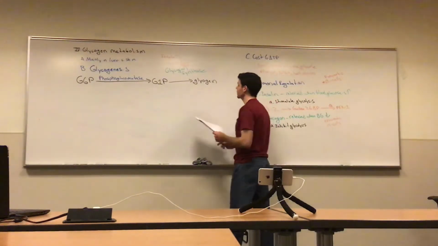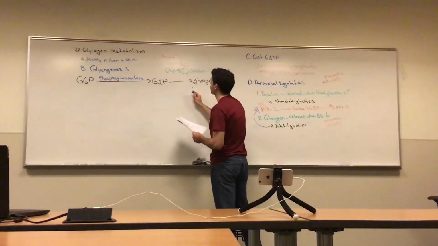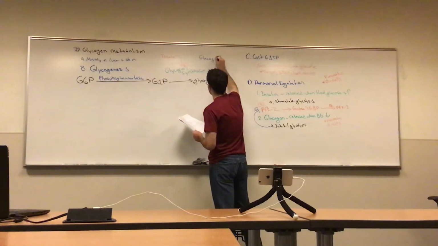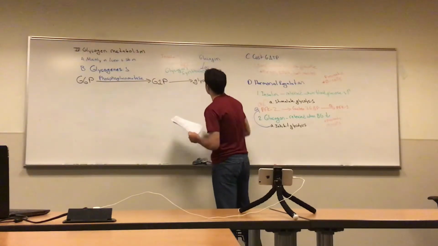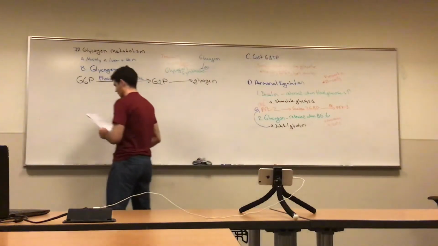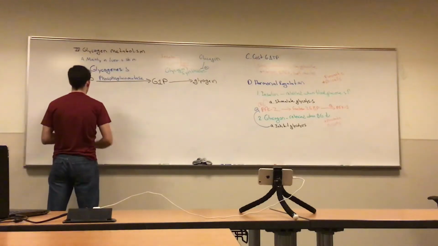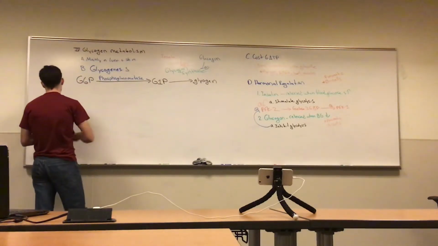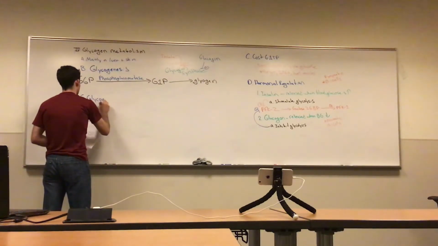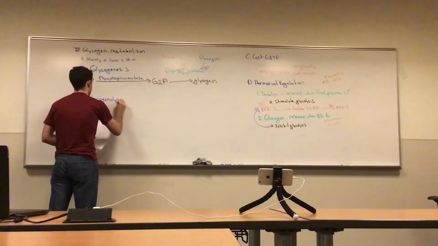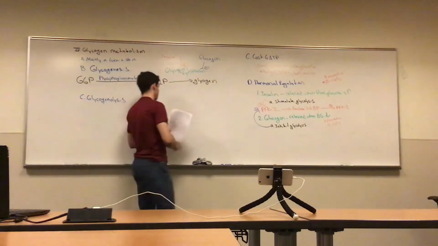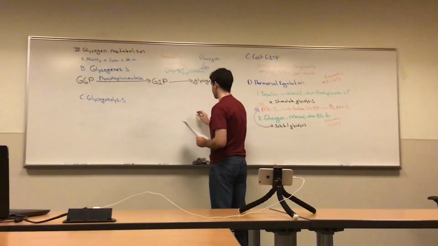Okay, so insulin stimulates, and glucagon will inhibit. And then the opposite is true for glycogenolysis. So in glycogenolysis, we start with glycogen.